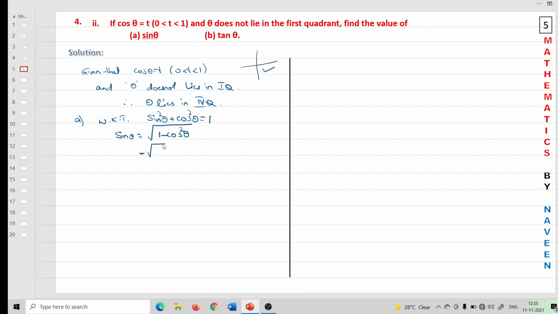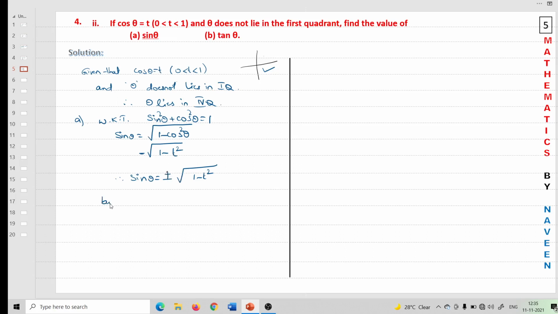That is equal to 1 minus t square, since cos theta value is t. Therefore, sin theta is square root of 1 minus t square. If t is any number, then while removing the root, we get a plus or minus sign, so I am writing plus or minus.